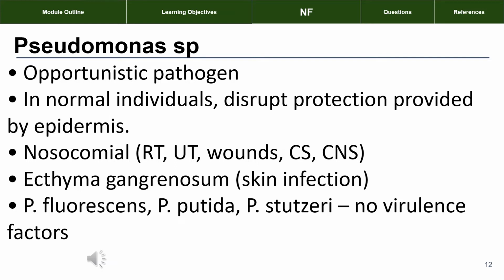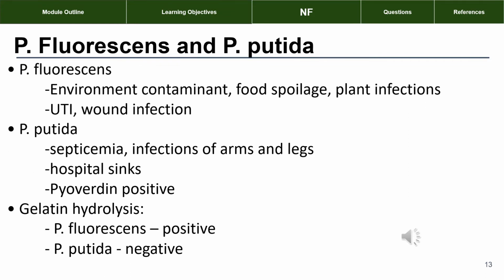Examples of your Pseudomonas species are Pseudomonas fluorescens, putida, and your stutzeri. So these three species have no virulence factors. Your Pseudomonas fluorescens is seen in UTI and in wound infection. They are usually an environmental contaminant, so they come from your food spoilage and your plant infections.